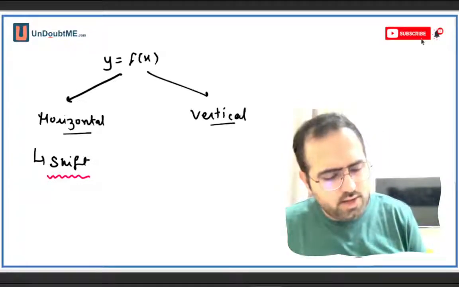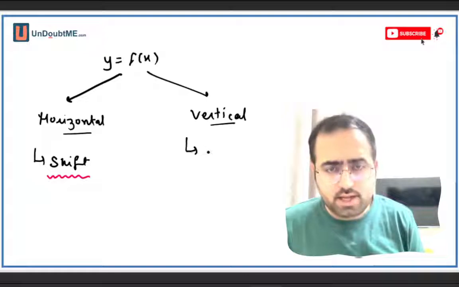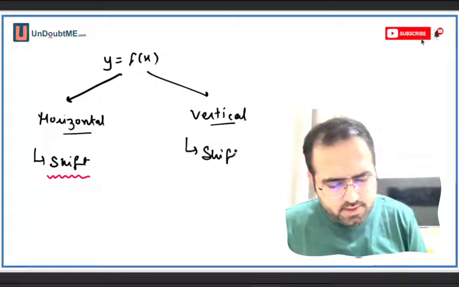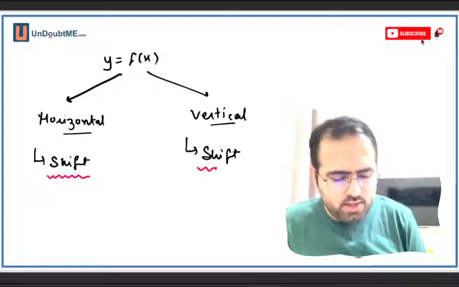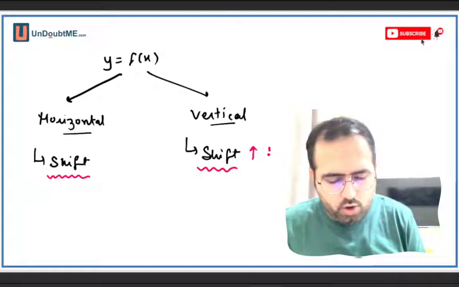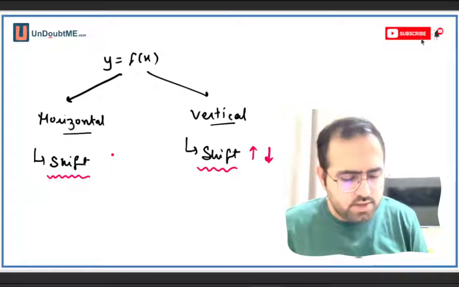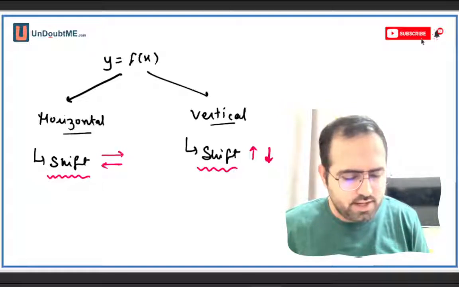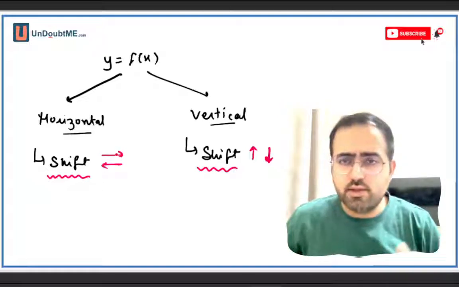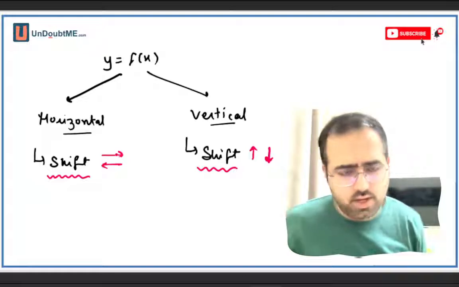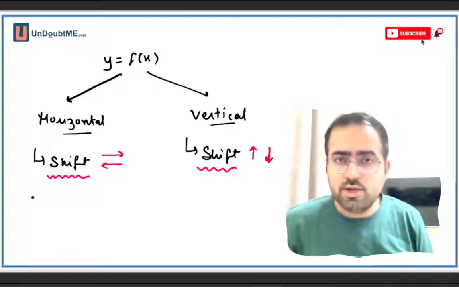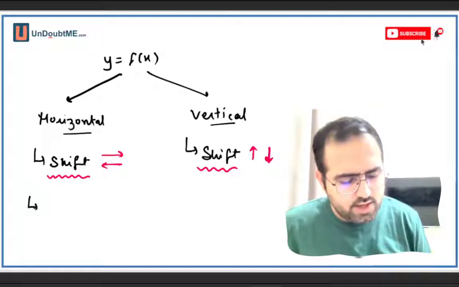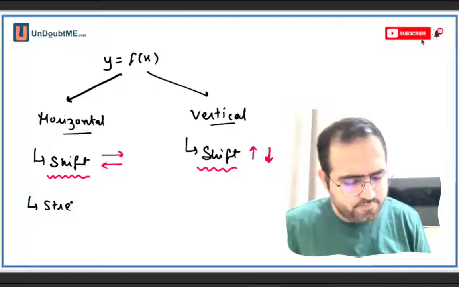And in vertical also I can involve a shift, and this shift will be either up or down. Horizontal shift will be towards the right or towards the left. It can be either way. How it is, we will see in the video, so stay tuned. One more type of transformation in horizontal is stretch.